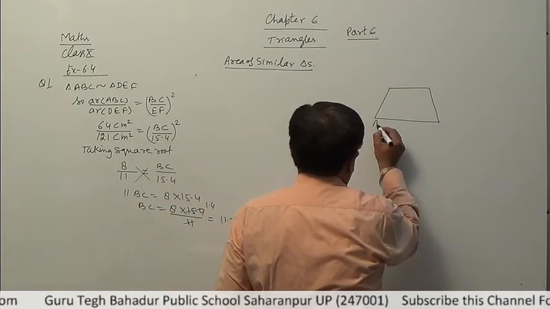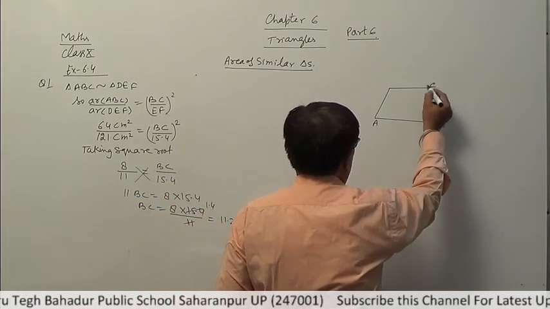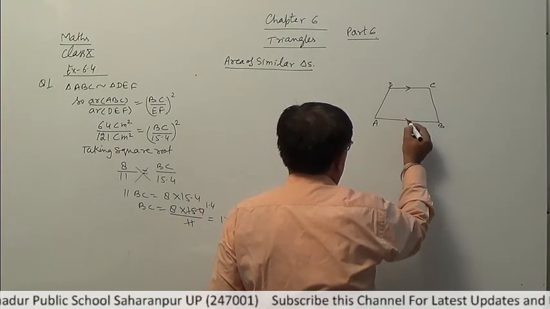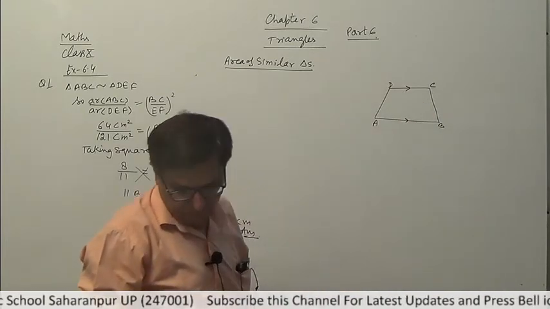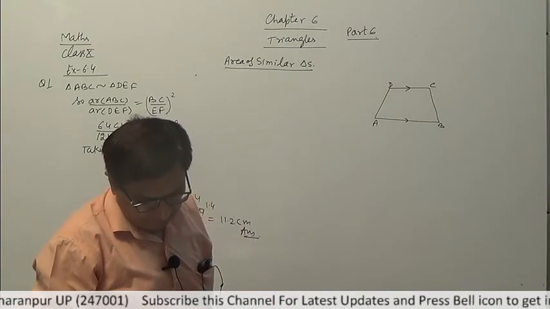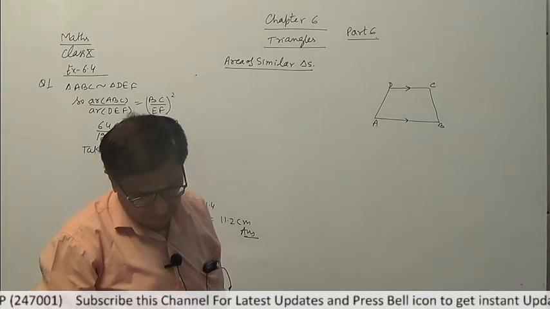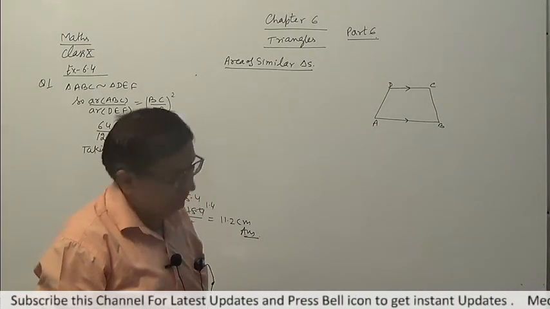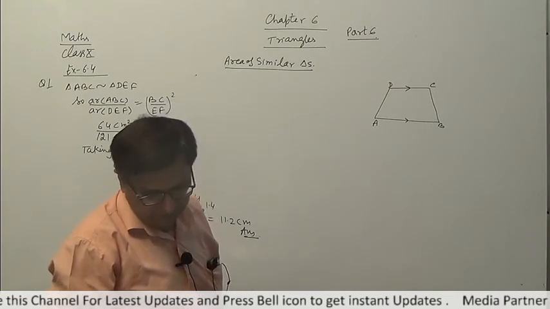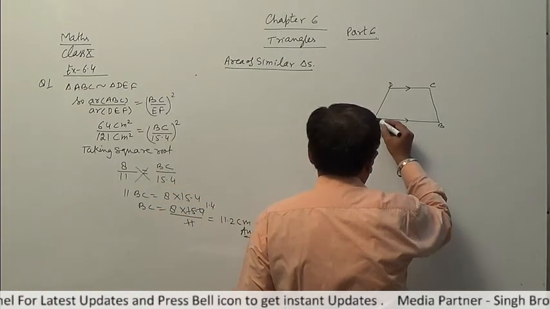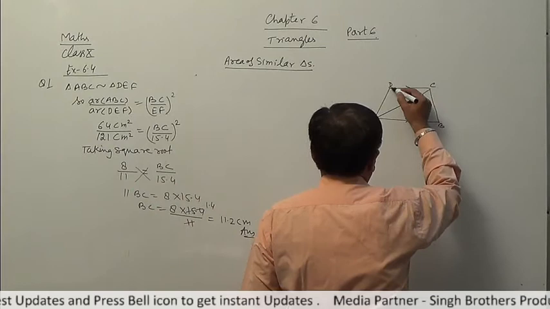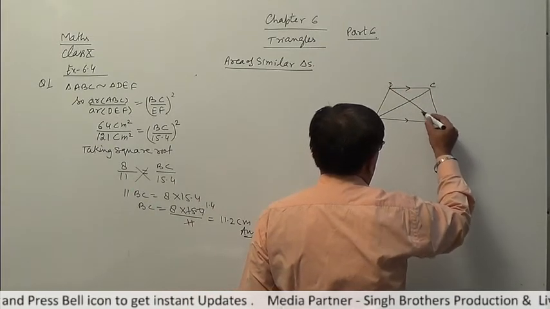AB is parallel to DC and AB is twice of CD. Find the ratio of the areas of triangle AOB and COD. The diagonals intersect each other at a point O.